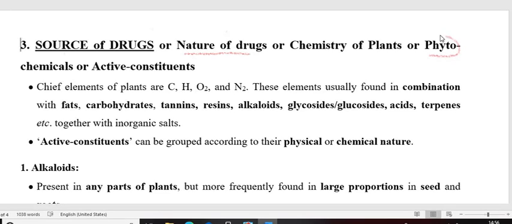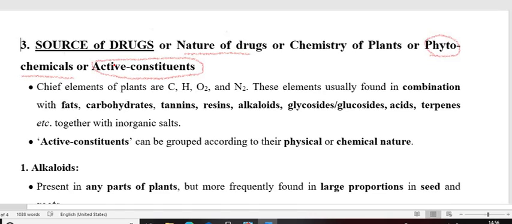Phyto means plant and chemical means chemical. So the chemical present in the plants is also called the active constituent. So in this class, we are going to discuss the source of drugs or the nature of drugs or the phytochemicals.